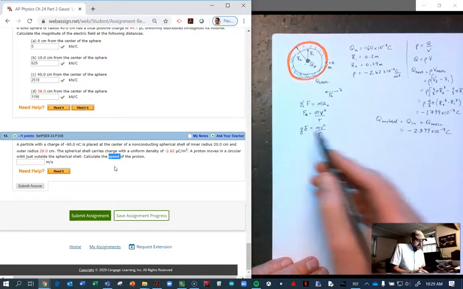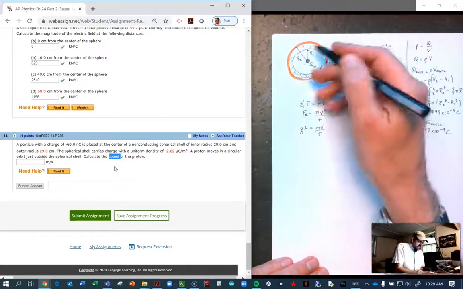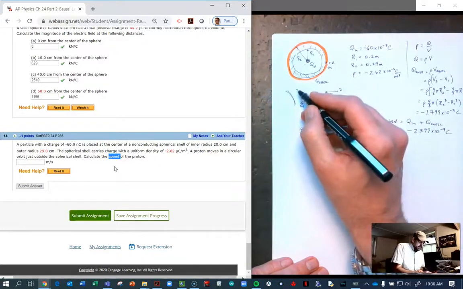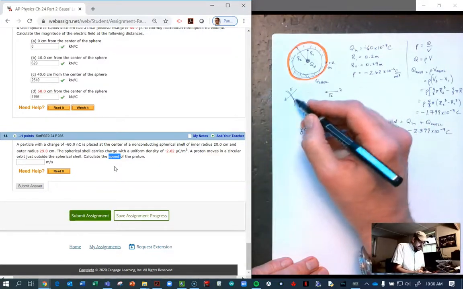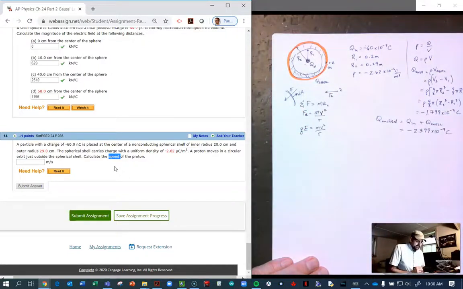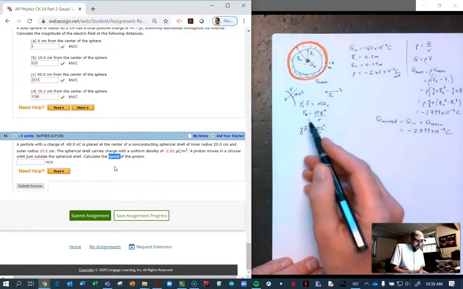The electric field, we know, is going inward because the charges on the inside are negative. So if this is our Gaussian surface, the electric field is coming in, and the differential area is pointing outward. Okay, so we need to figure out what this electric field is going to be so we can plug it in.